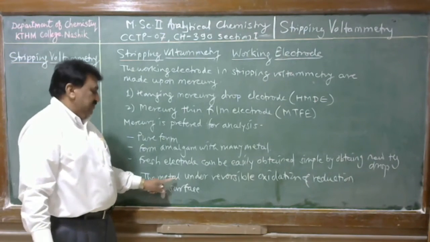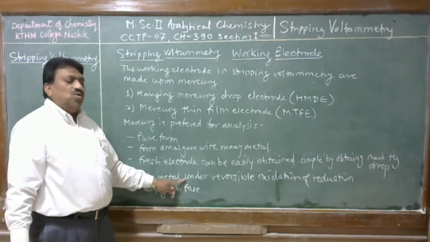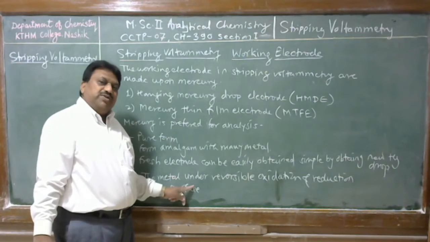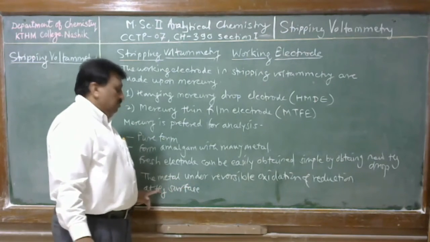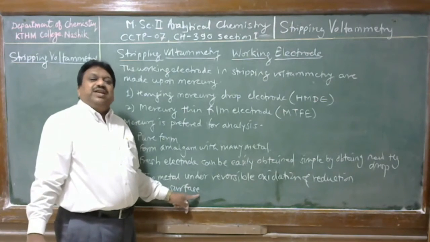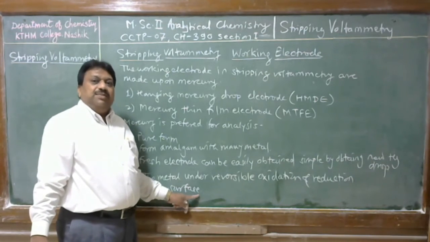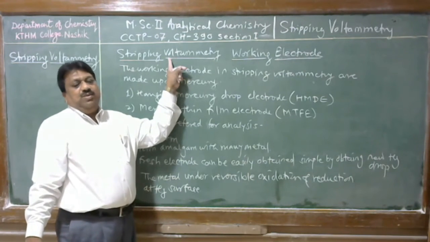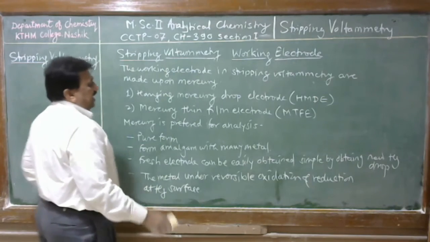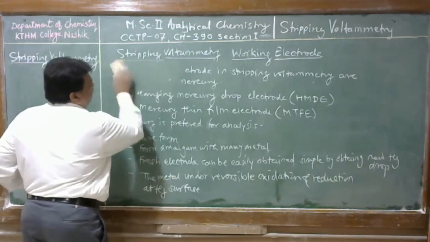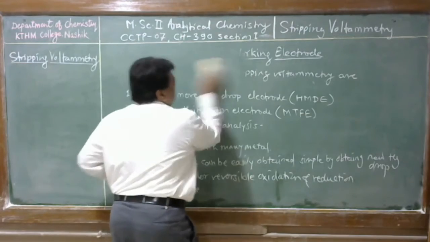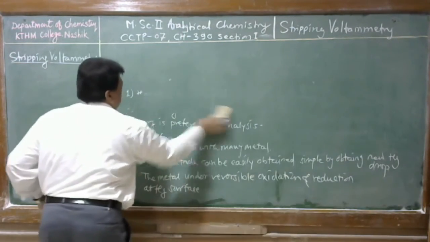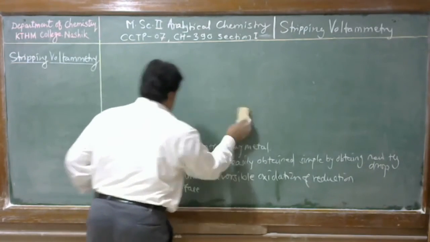Many metal ions or analyte ions undergo reversible oxidation or reduction at working electrode, means at dropping mercury electrode, and therefore mercury is preferred in a voltammetric analysis, and in stripping voltammetry also a mercury electrode is preferred. In addition to this, many metal electrodes, stationary electrodes are also preferred in the voltammetric analysis.